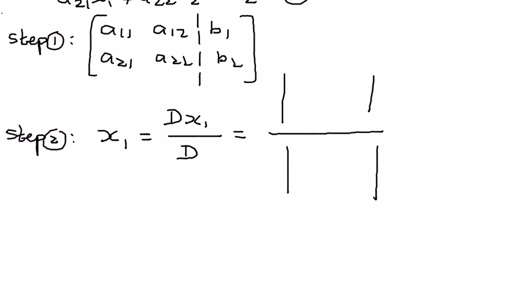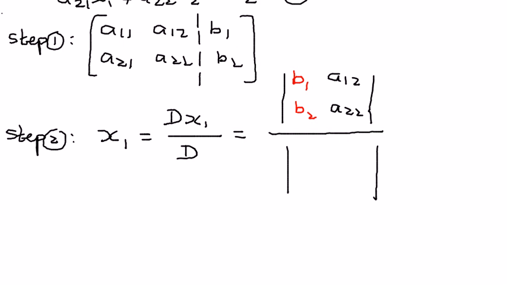The constant terms we have are b1 and b2, aren't they? We'll write b1 and b2 in place of a11 and a21 for the first column. We'll replace a11, a21 by the constant terms b1 and b2, and then keep the second column the same, a12, a22. We'll keep those elements the same, and in the denominator, that determinant will be the coefficient matrix itself. We are not going to change that.